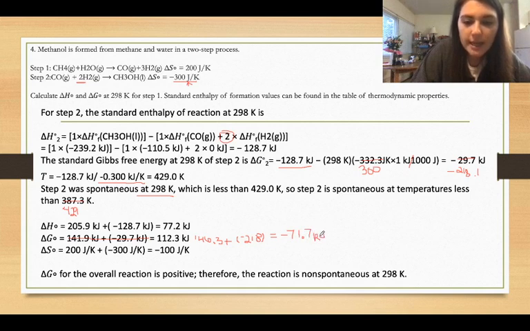Good. And because I have a negative value here, that means the reaction is spontaneous at 298 degrees, because I have a negative Gibbs energy, and even though my delta S is negative, we always go by spontaneity based on Gibbs.